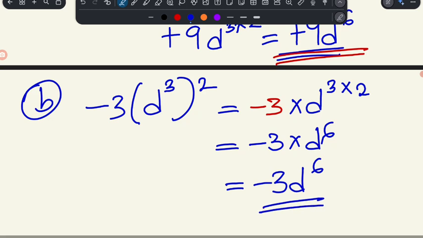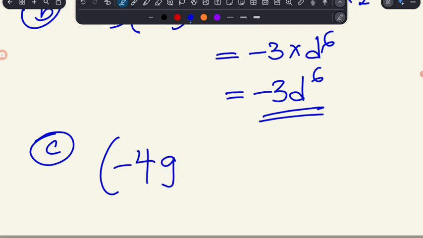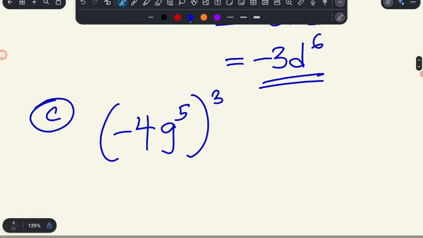So let's also have another meaningful example, let's say c, where we have the module 2. So we have a bracket open again, minus 4g raised to power 5, all raised to power 3. As I've said earlier, it will surely affect because of the bracket.